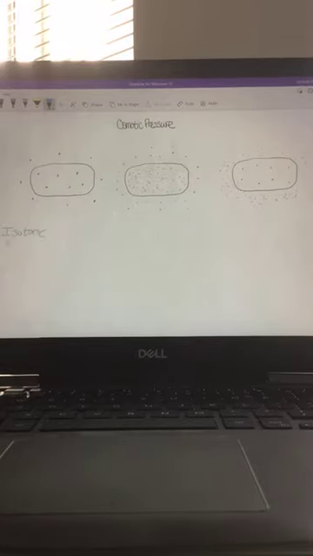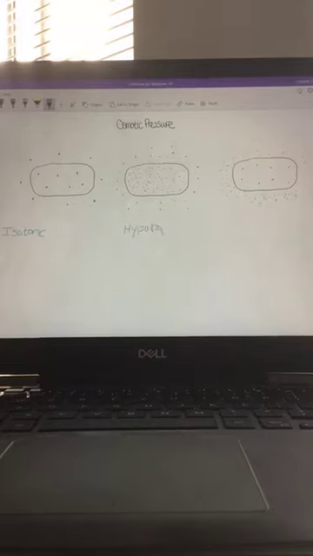This one is isotonic. So what we see here is equilibrium. There is the same amount of water or solvent and solute inside and outside of the cell. So there is equilibrium.